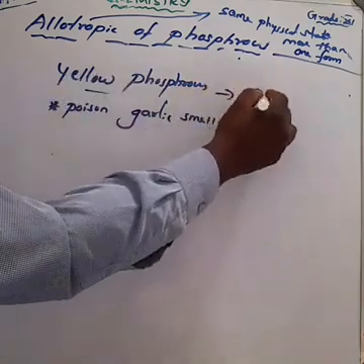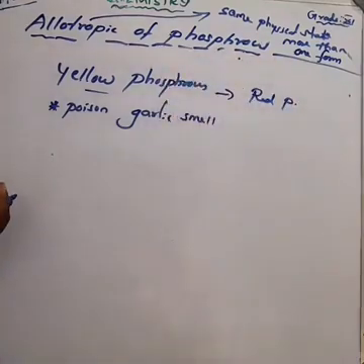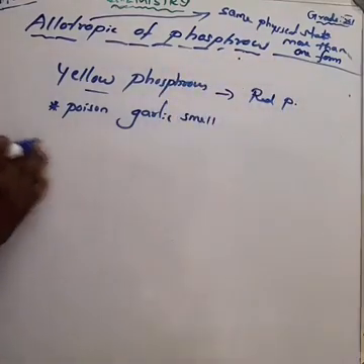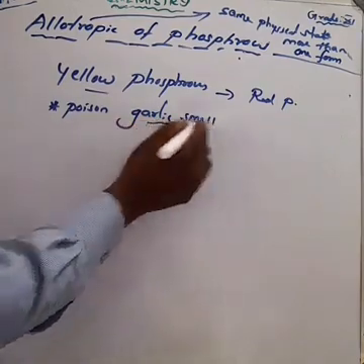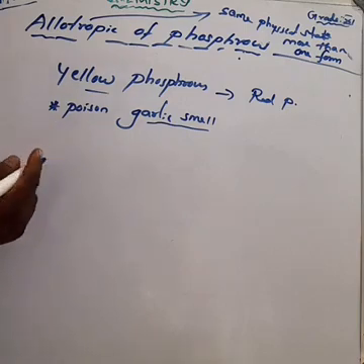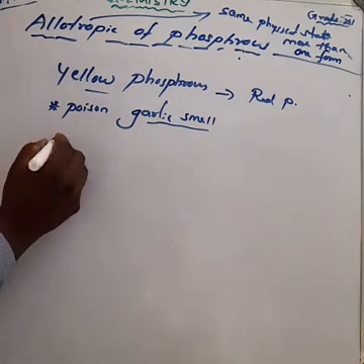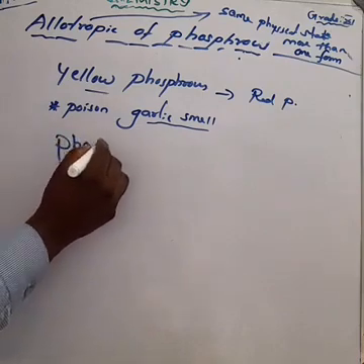It is also known as yellow phosphorus. It is highly poisonous and has a characteristic garlic smell. It glows in the dark due to oxidation, which is known as phosphorescence.